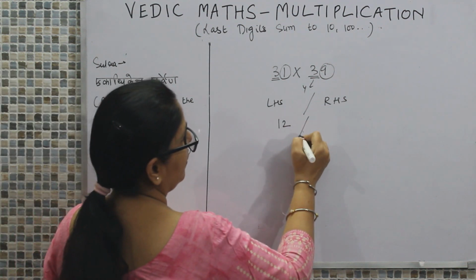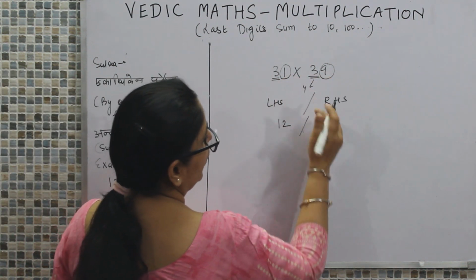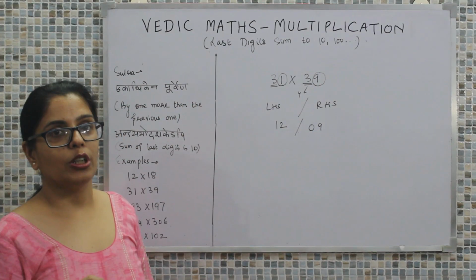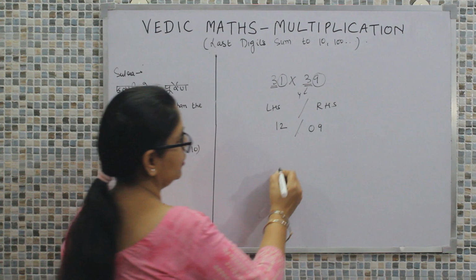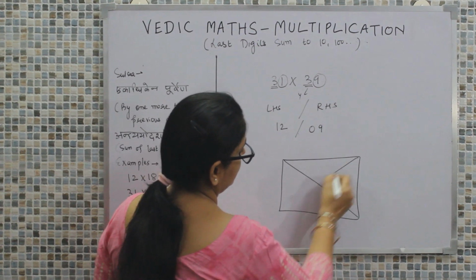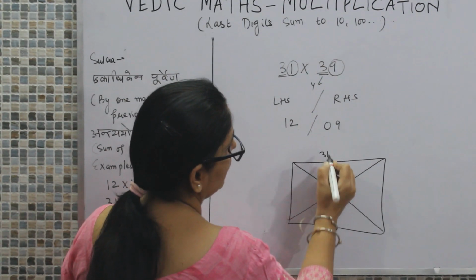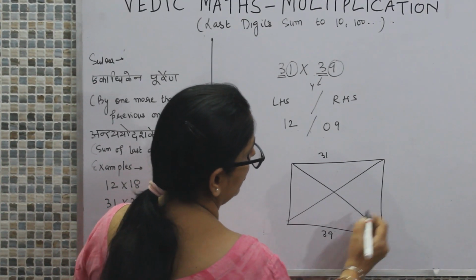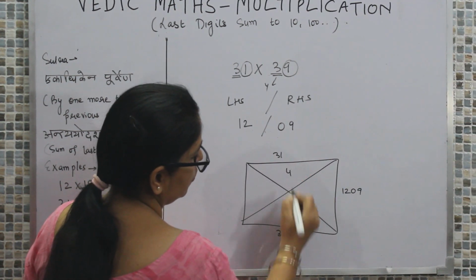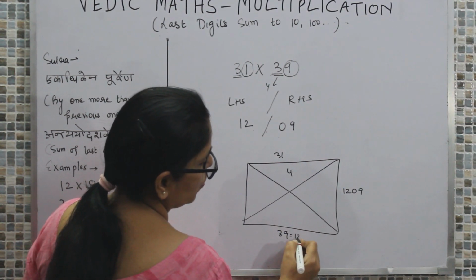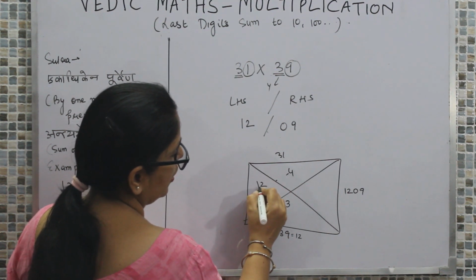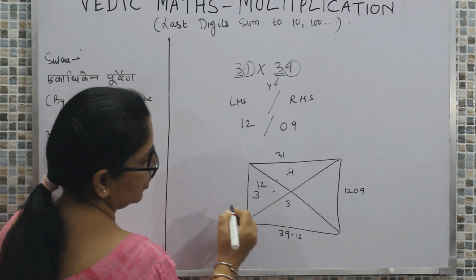And 9 into 1, that will be 09. So the answer is 1209. Now let's verify the answer. The first value is 31, the second is 39 and the answer is 1209. 3 plus 1 is 4, 9 plus 3 is 12, 2 plus 1 is 3. 4 into 3 is 12, 12 means 2 plus 1 is 3.